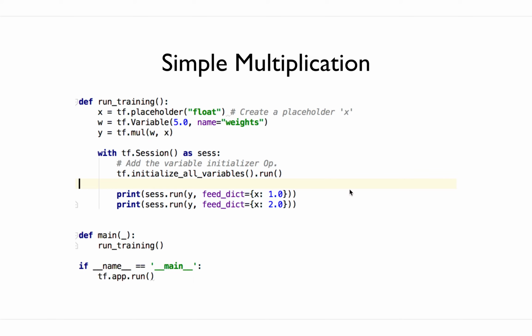Once we have that, we start the session, initialize all the variables, and then we evaluate this y using this x placeholder. When we evaluate this y, we're going to feed the real value. This is TensorFlow's way to execute operations by passing arguments. Very simple model. And then we can test this one locally.